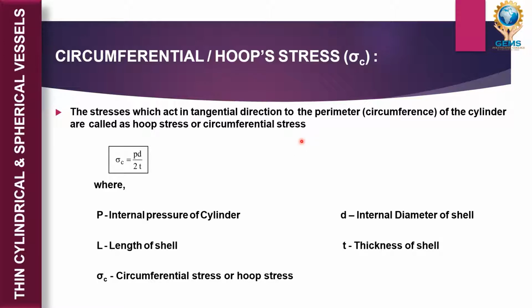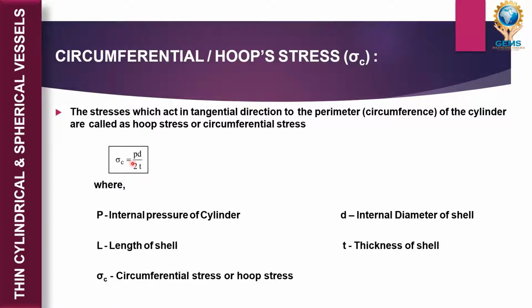Once again, I will repeat the definition. The stresses which act in a tangential direction to the perimeter, that means at the circumference of the cylinder, are called hoop stress or circumferential stress. It is denoted by sigma c.